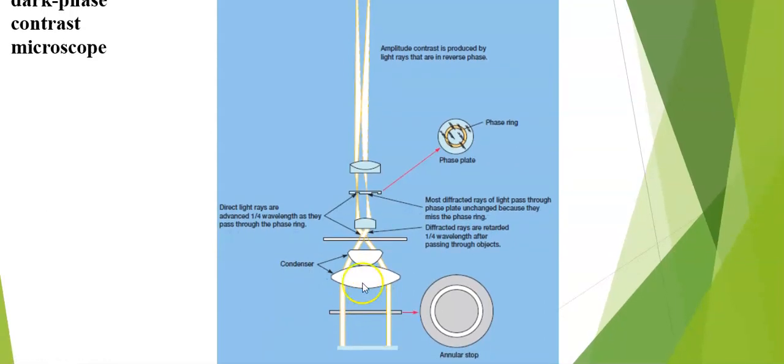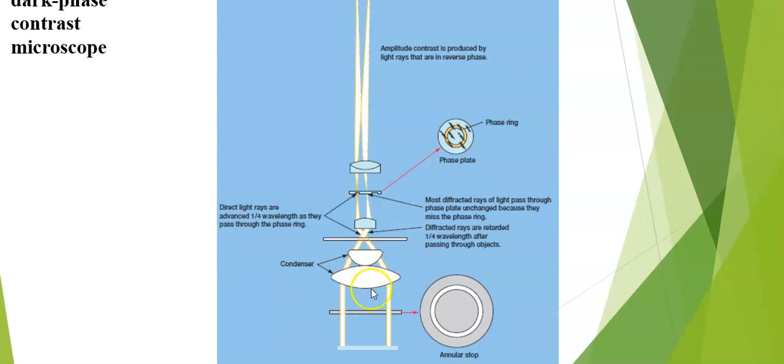You can see the direct light rays are advanced 1/4 wavelength as they pass through the phase ring. Most of the deviated and the diffracted rays of light will pass through the phase plate unchanged because they miss the phase ring. And the diffracted rays are basically retarded 1/4 wavelength after passing through the object.